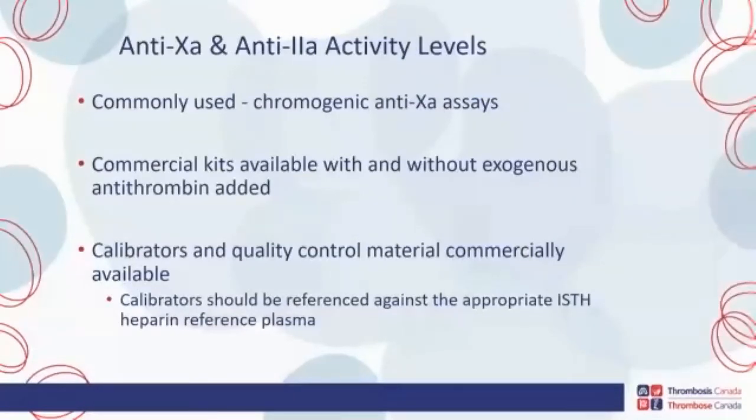So again, it's my personal opinion that labs should use them without exogenous antithrombin so that we're seeing how much is actually working in your patient as an anticoagulant. But again, that would be a medical director's decision for the lab that is running it. We do have commercial calibrators and QC that need to be referenced back to the appropriate ISTH heparin reference plasma.